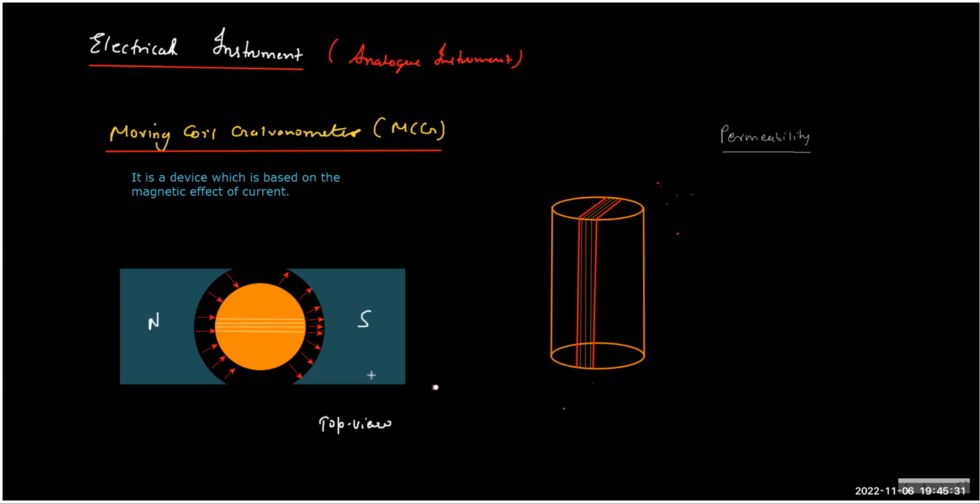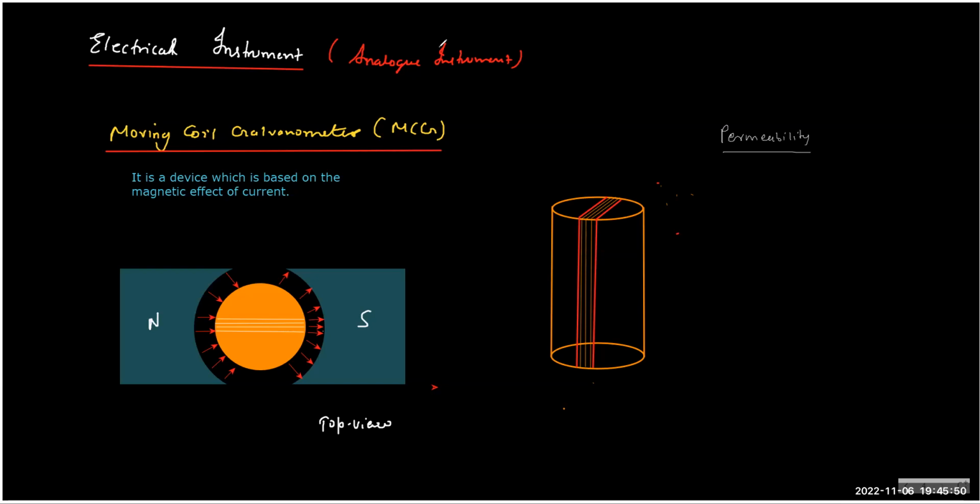We only consider those lines of force which are normal to the loop. Because of the cylindrical shape, we will always have some lines of force which are perpendicular to the loop.